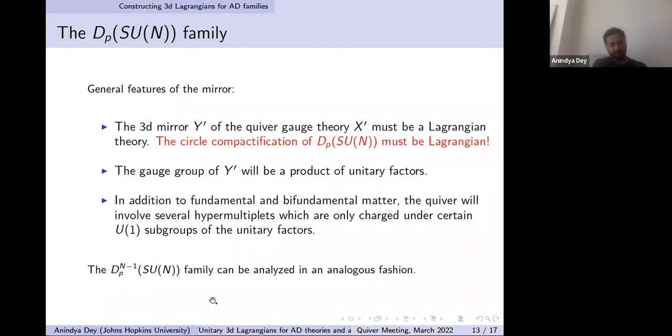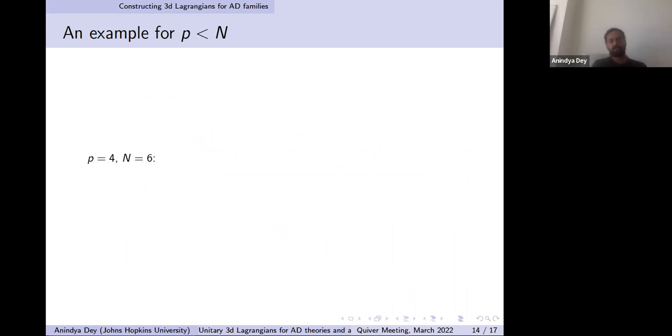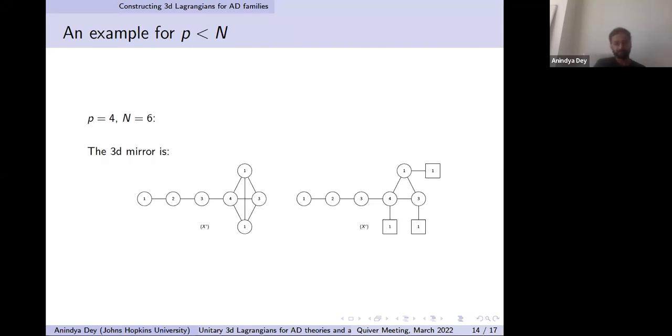So the D_P^{N-1}(SU(N)) family is another infinite family that can be analyzed in an analogous fashion. So there's again a very close parallel between these descriptions. Now let's look at a concrete example from this class. Let's consider a D_P(SU(N)) theory where P equals 4 and N equals 6.